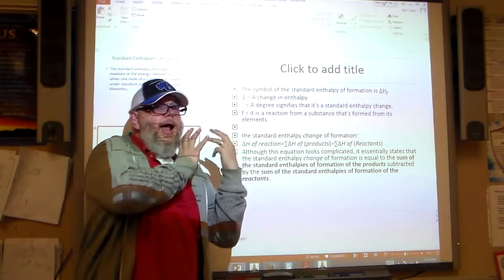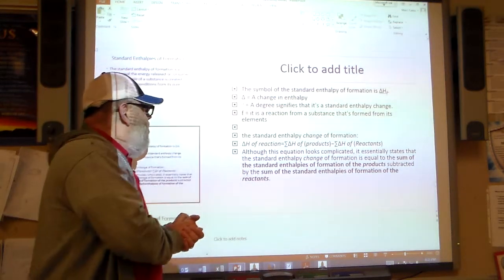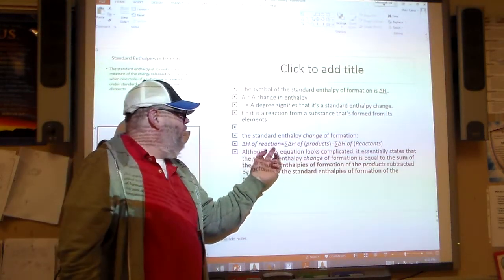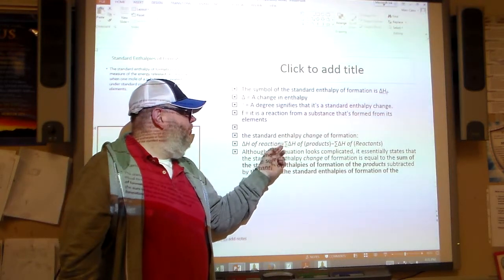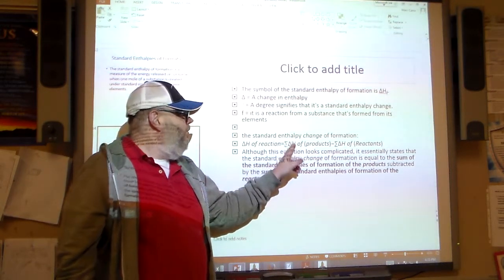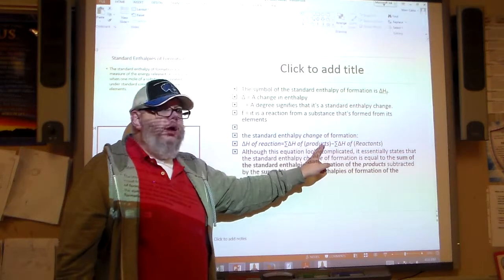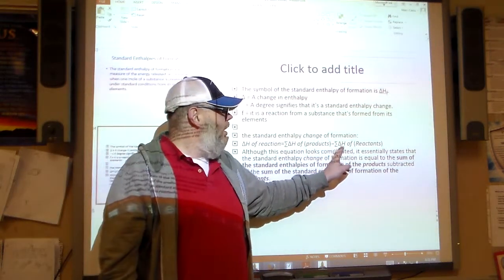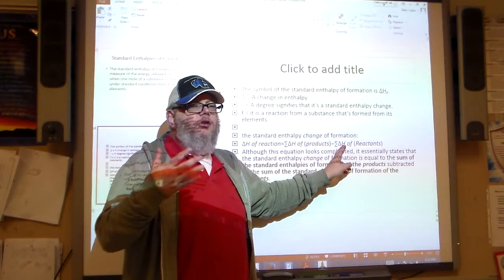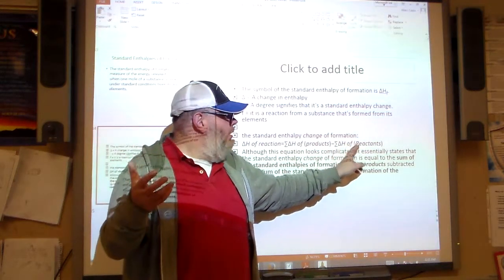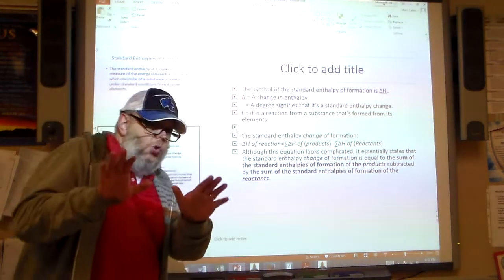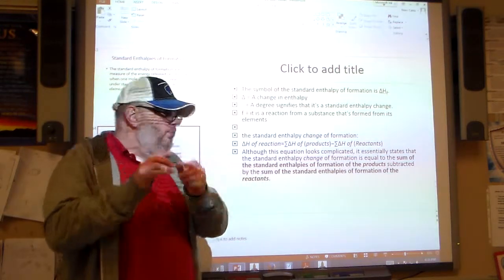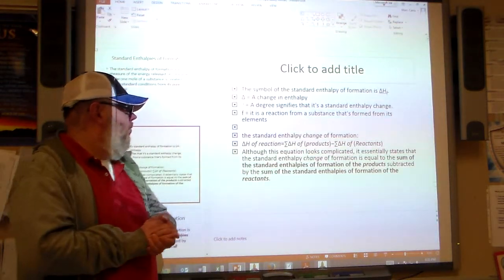If we go back earlier in Chapter 6, the delta H of the reaction is equal to the summation of the change in the enthalpy of the products minus the summation of the delta H, the enthalpy of the reactants. Don't worry if you're not getting it right now. We'll move on with this, okay?